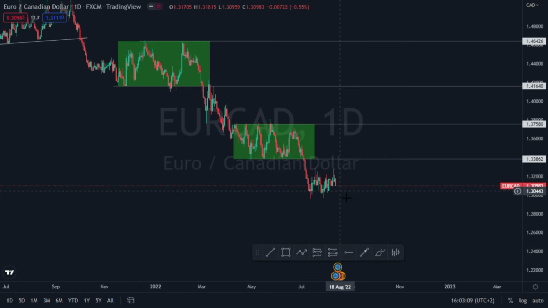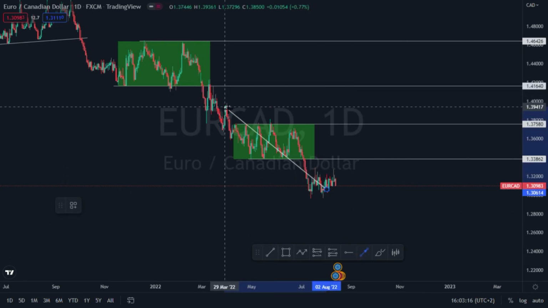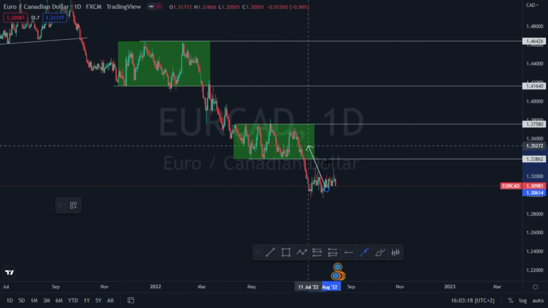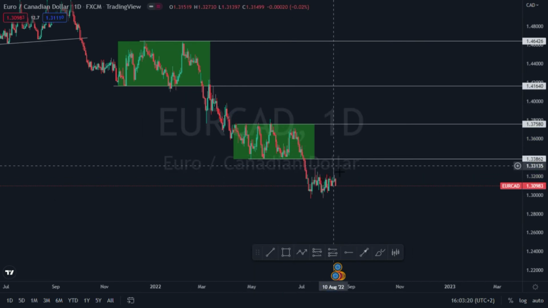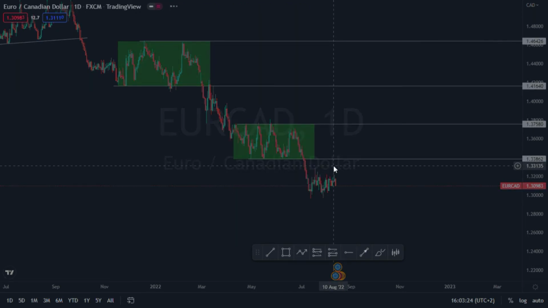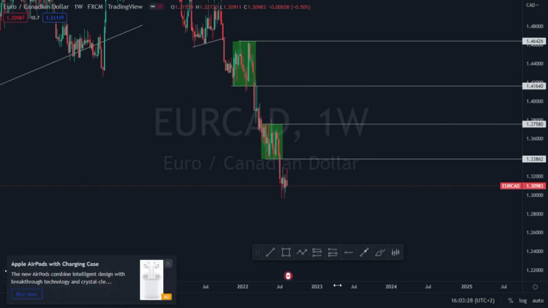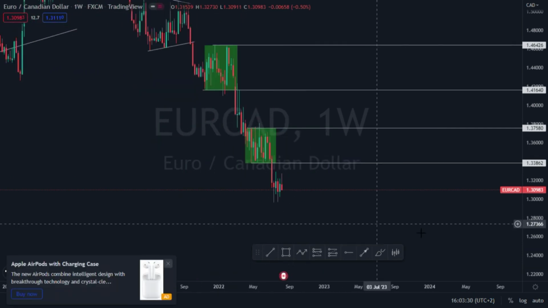What happened here has to be repeated here. If I go on to the weekly time frame, you'll start to see what I'm really talking about.